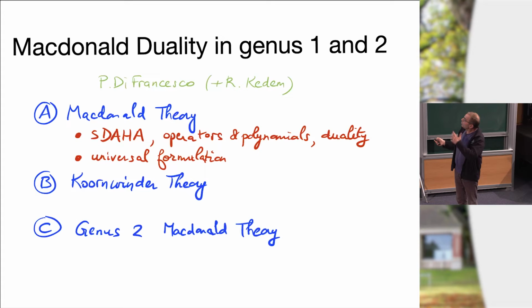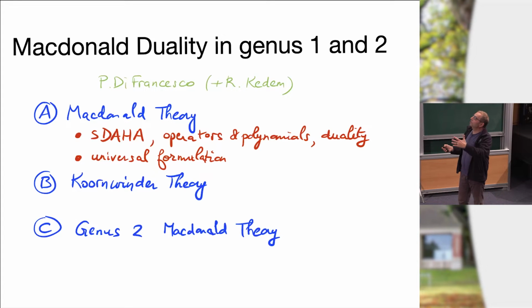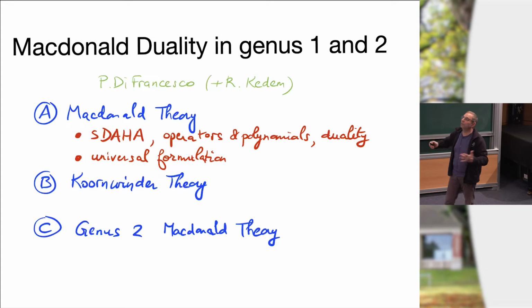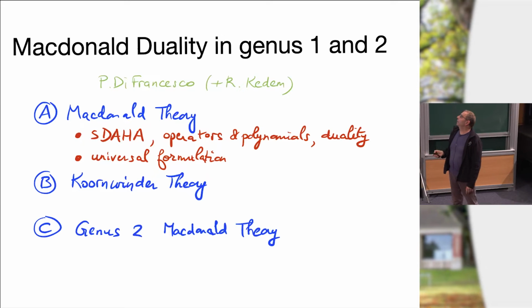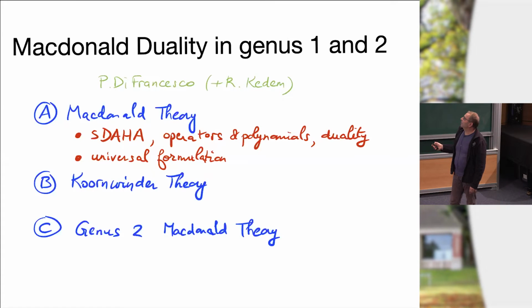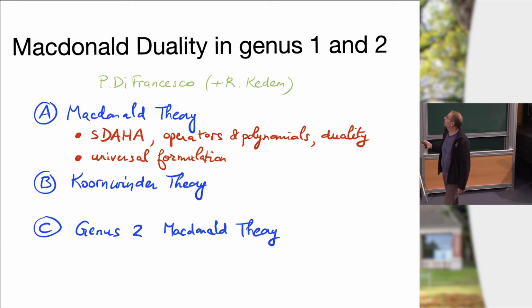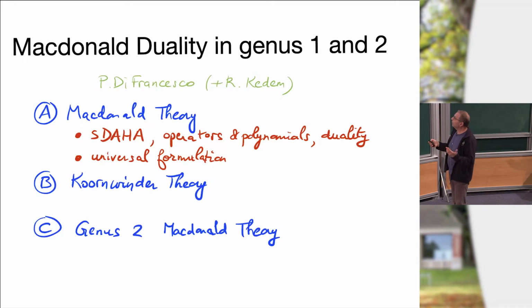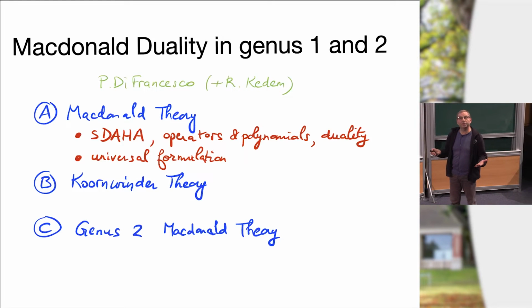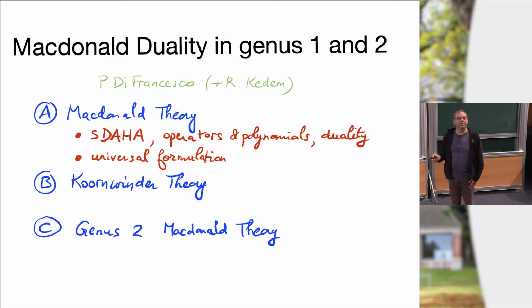And I'll show you how this can be thought of in a more elegant and maybe more general way by use of what are called universal solutions. So there's a universal formulation of that duality. And then the rest of the talk is just to show you that it's the same everywhere, essentially.